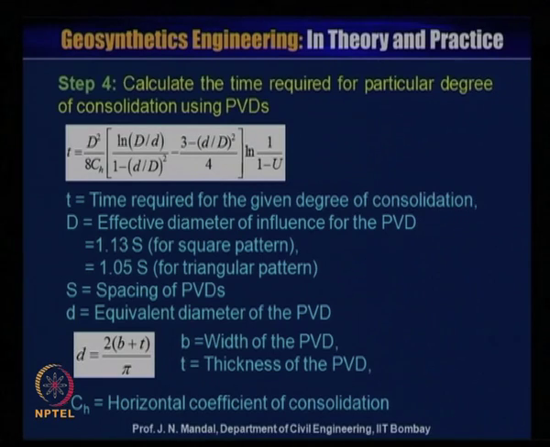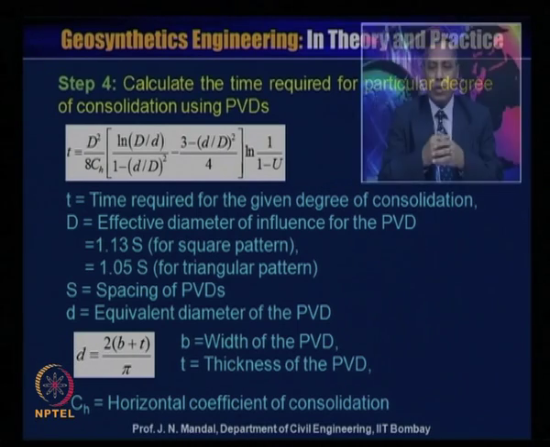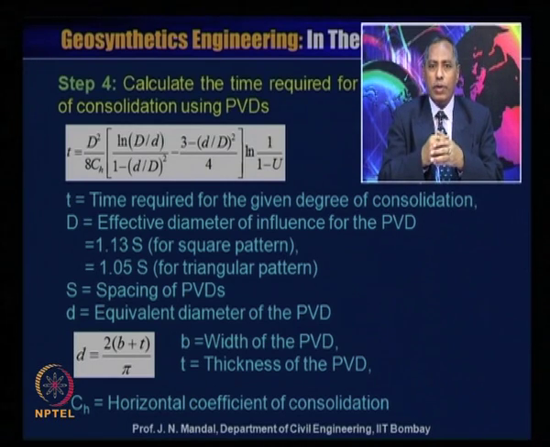So, you know that t is equal to D square by 8Ch into [ln(D/d) minus 3/4] ... ln of 1 upon U, where t is time required for given degree of consolidation, and D is effective diameter of influence for the PBD, that is 1.13 S for square pattern, 1.05 S for triangular pattern, where S is spacing of PBD, and d is equivalent diameter of the PBD, that is d is equal to 2 into (B plus T) divided by pi, where B is the width of the PBD, T is the thickness of the PBD, and Ch is the horizontal coefficient of consolidation.